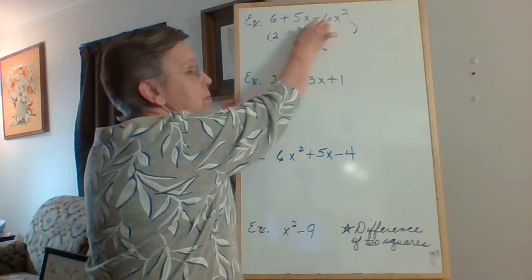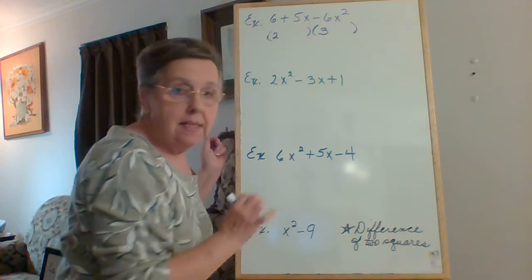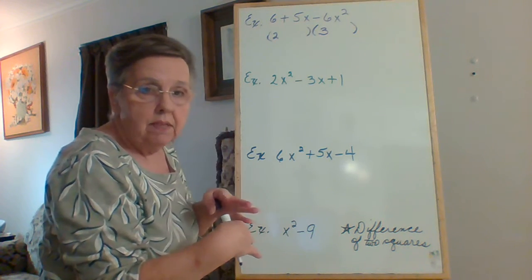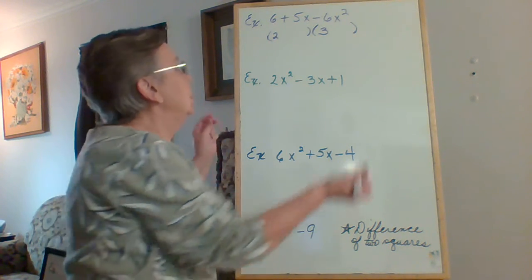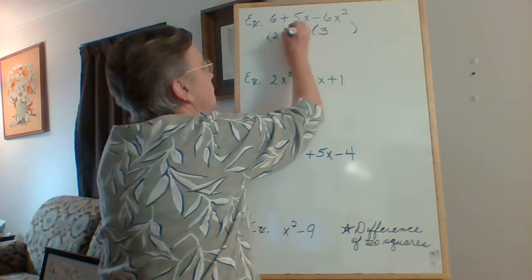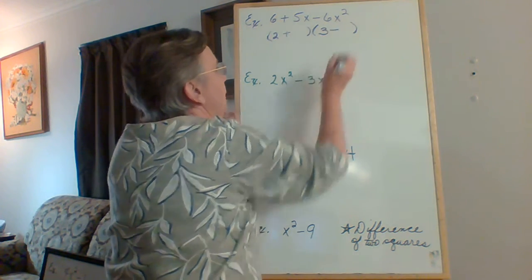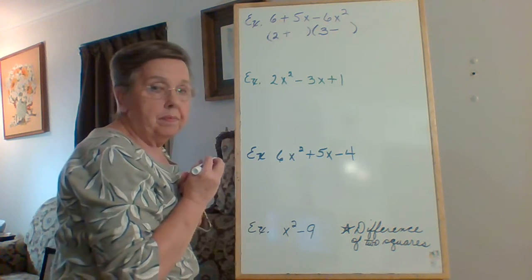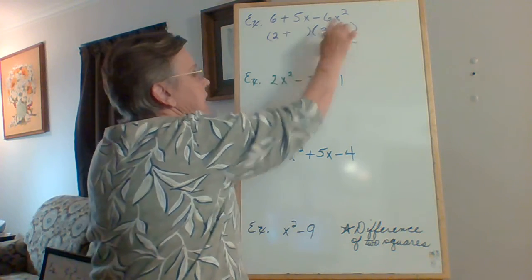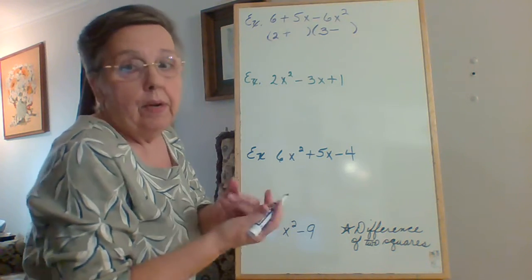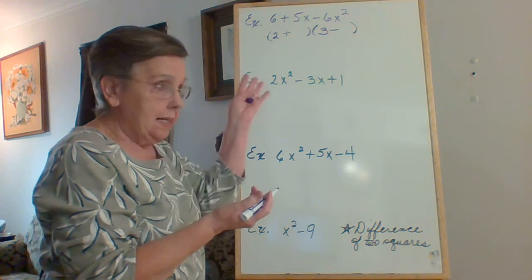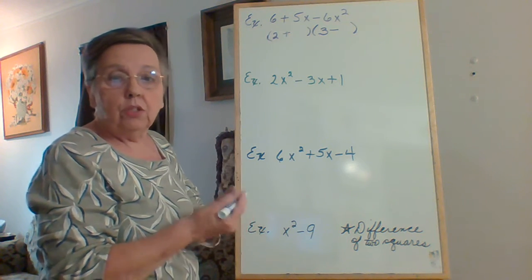This last term is a minus, so that means I had to have a positive and a negative. So plus and minus. To get 6x squared, well, we ran into the 6 just a second ago, so it's either 1 and 6 or 2 and 3.